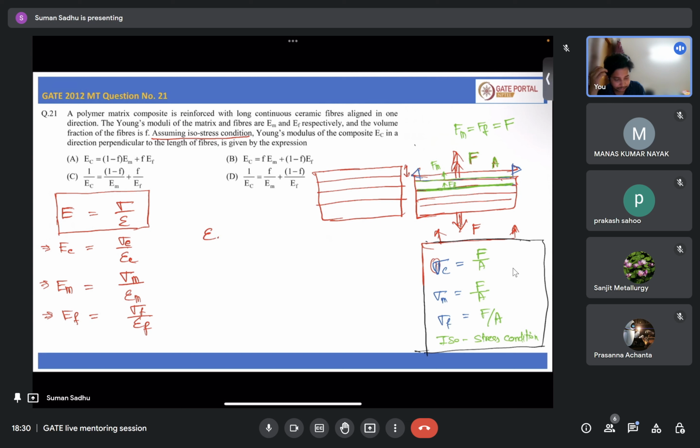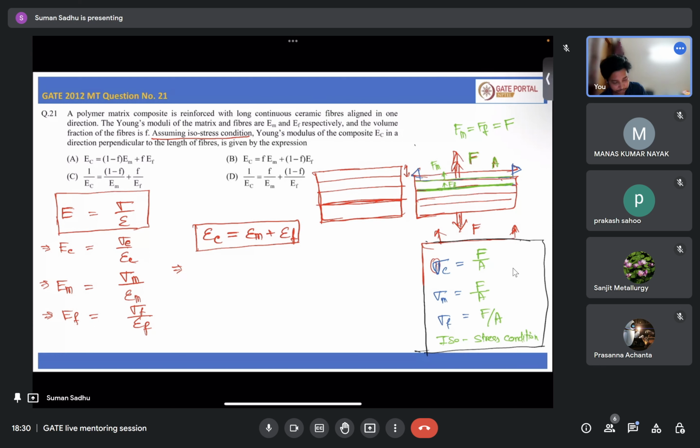You can write that the total strain is equal to strain on the matrix plus strain on the fiber, right? Total deformation is deformation of the matrix and deformation of the fiber, or elastic strain. The sum of these two will be the total strain in your composite, right?